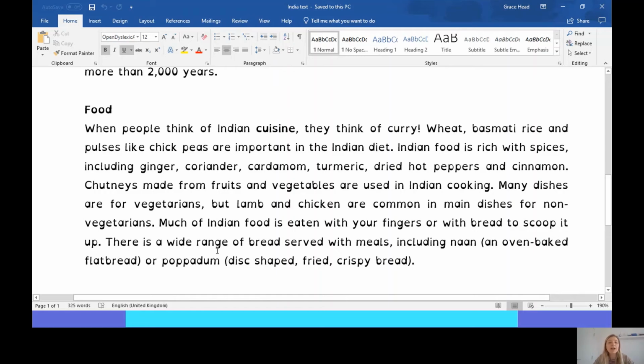There is a wide range of bread served with meals, including naan and oven-baked flatbread, or papadum, disc-shaped fried crispy bread.